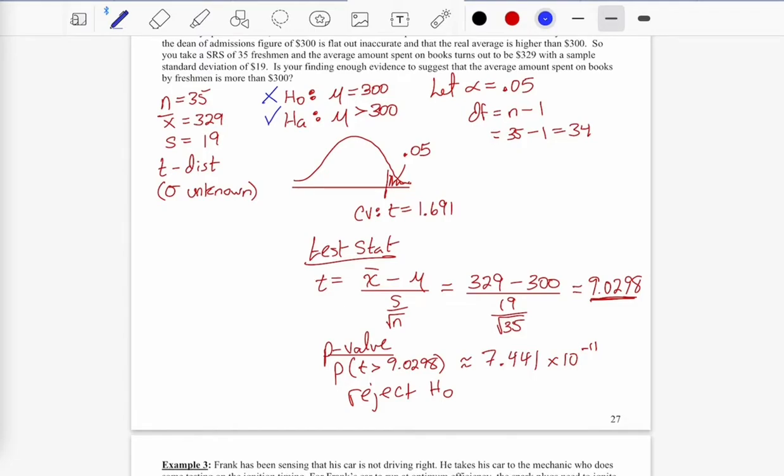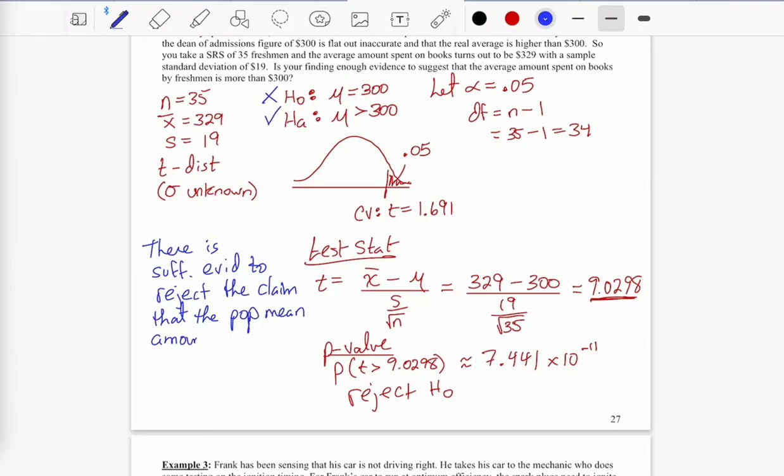So there is sufficient evidence to reject the claim that the population mean amount spent on books is $300 at the 0.05 level.